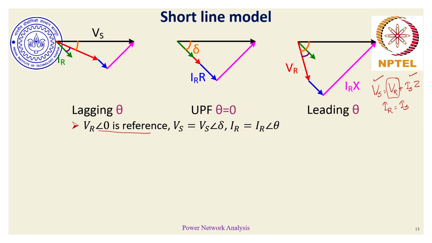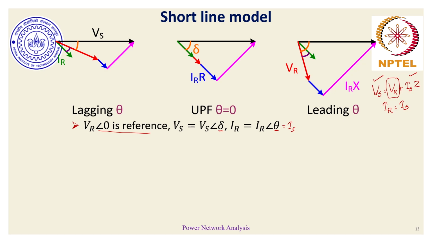Is is also measured with respect to the receiving end voltage. So depending on the load which is present, Vs is leading by some angle delta. Delta need not always be leading; it could be different for different loading conditions, and the corresponding phase angle theta of the receiving end current, which is also equal to the Is phasor, can also change.